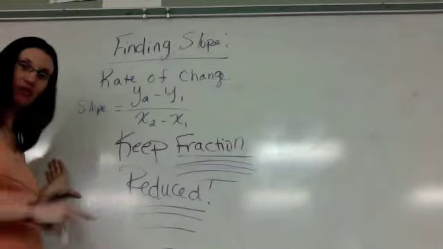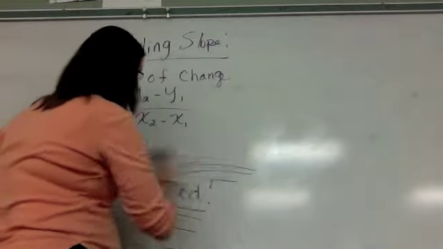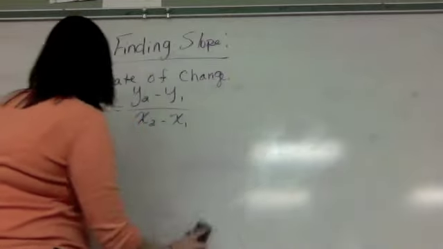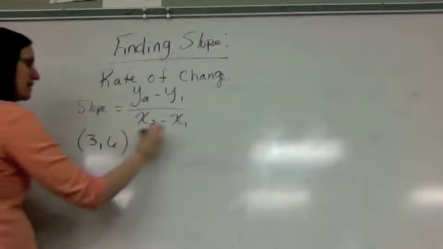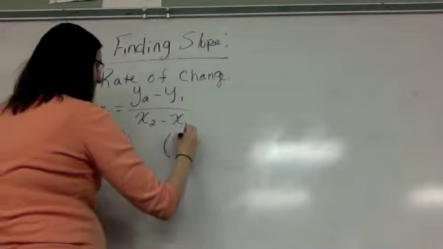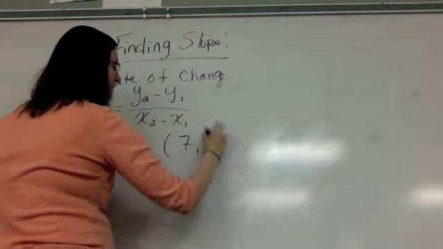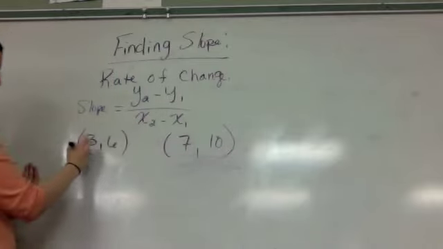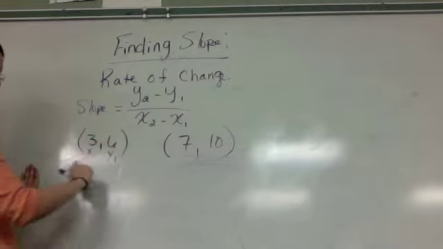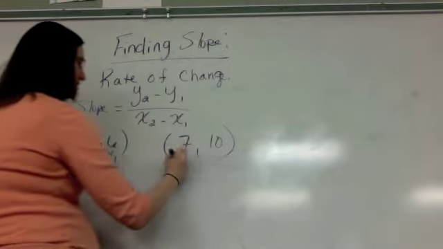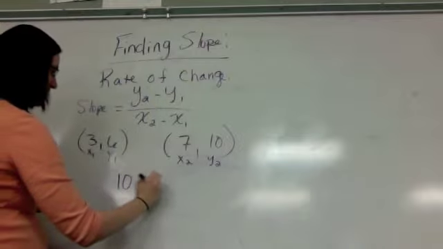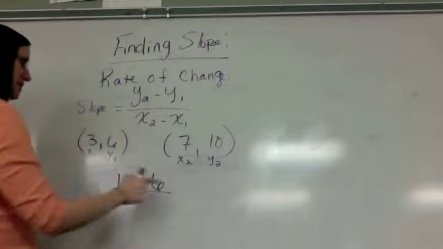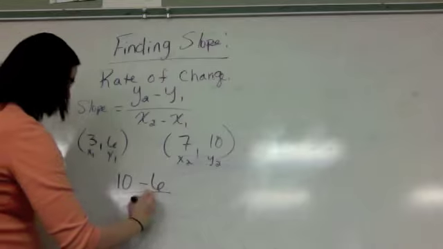Okay, I'm going to do one example here really quick. So if I have two coordinate points, (3, 6) and (7, 10). Now, this is my x1, y1, because this is my first coordinate point. This is my second. So if I follow the formula, 10 minus 6, y minus y over x minus x.